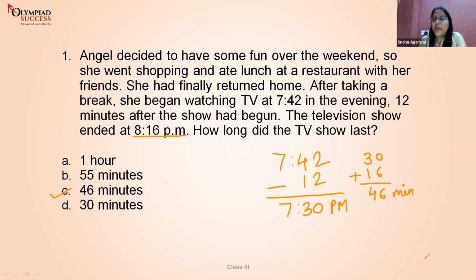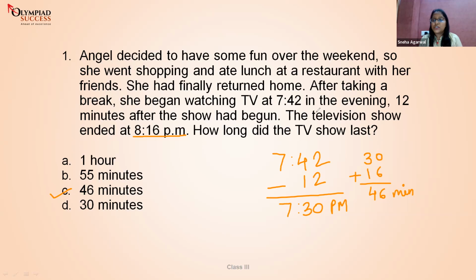First, you have to find out at what time the show began, because the starting time of the show has not been given, but yes, they have given you some clue, right? So with the help of that clue, you can find out the starting time of the show. They mentioned that when Angel started watching the TV at 7:42, she already missed 12 minutes of the show.